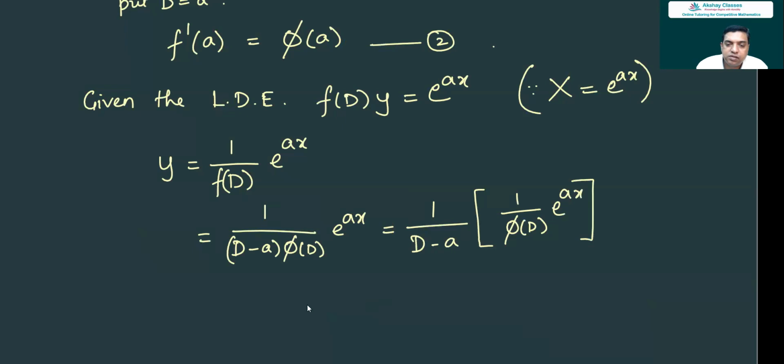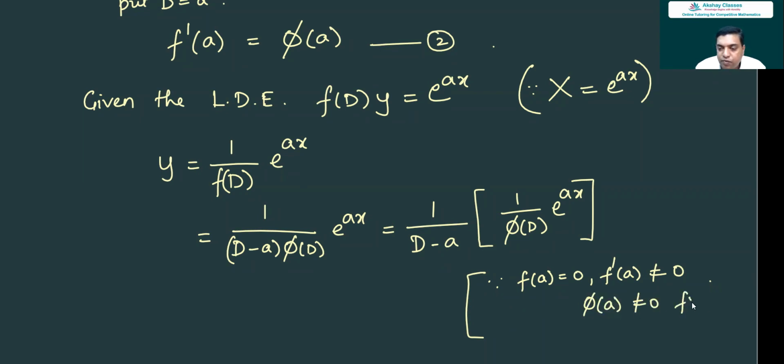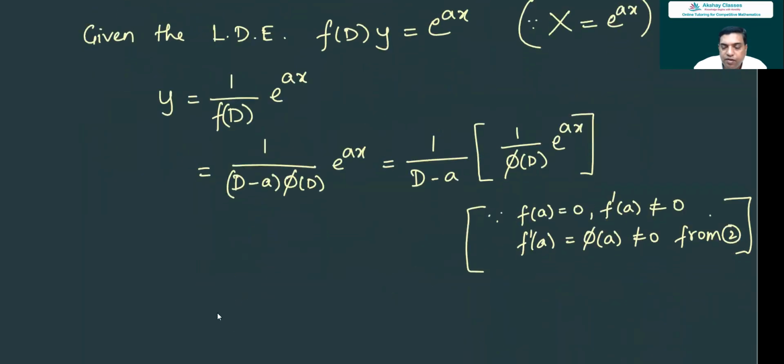Now, okay, since f of a is equal to 0, comma, f dash of a is not equal to 0, okay, f dash of a is not equal to 0, phi of a is not equal to 0. This is from 2. All right, f dash a is equal to phi of a.